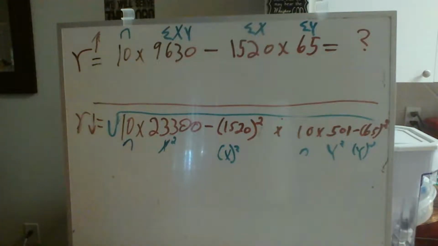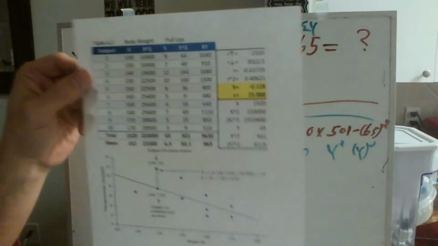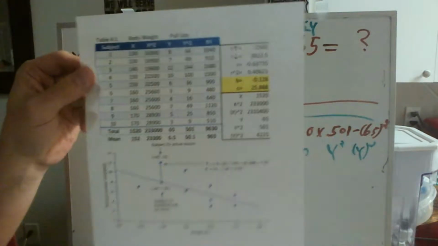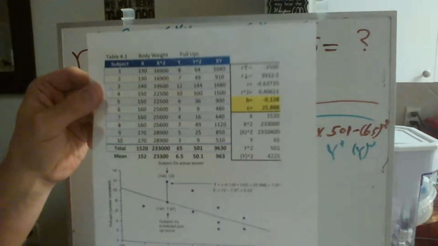So let's work with this one for a little bit and use this as our primary example. You can see that I've already broken it down into those sections like I suggested in the previous video. You have your x column, x squared column, y squared column, and you can let Excel do all the math for you.